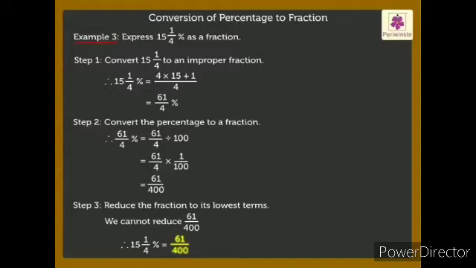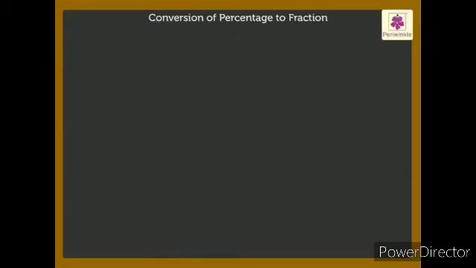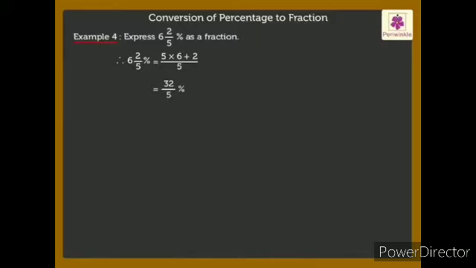Now, let's solve one more example of same type. Example 4. Express 6 and 2 upon 5% as a fraction. Firstly, convert 6 and 2 upon 5% to an improper fraction, which is equal to 32 upon 5%.